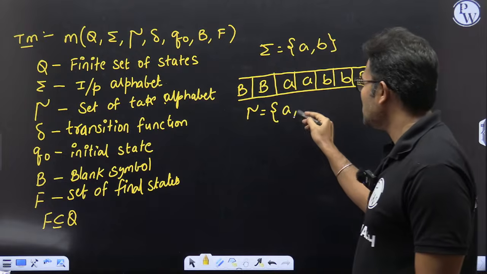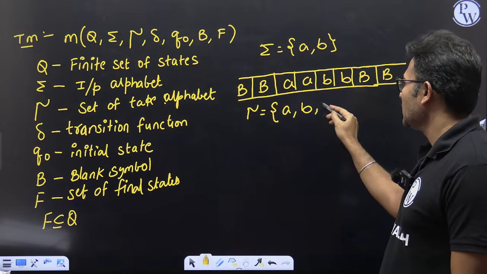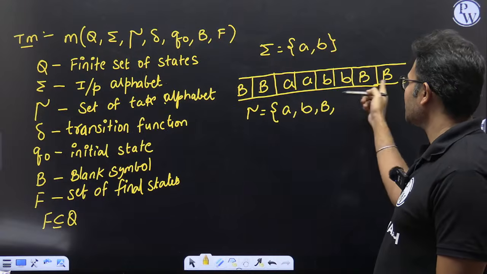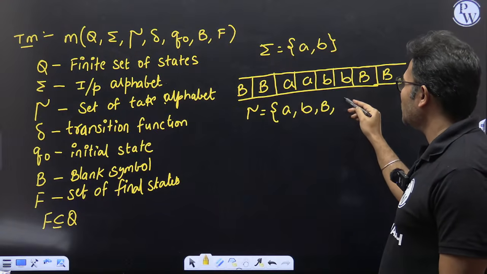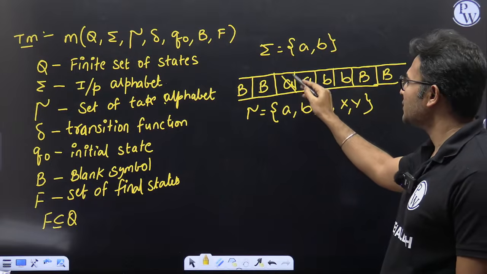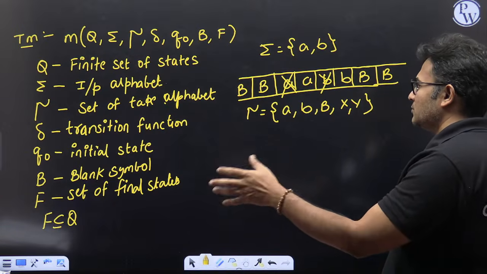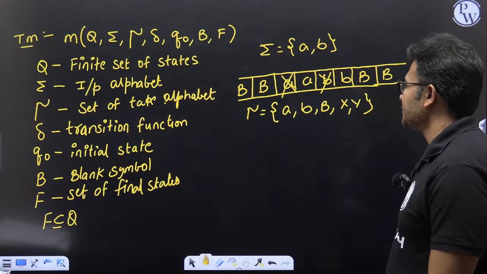There can be a and b, because they are in the input, so definitely they will be there. There will be blank because it is the blank symbol. Along with that, you can add any other symbols. For example, I will make this a as X and this b as Y when I am doing some transactions.